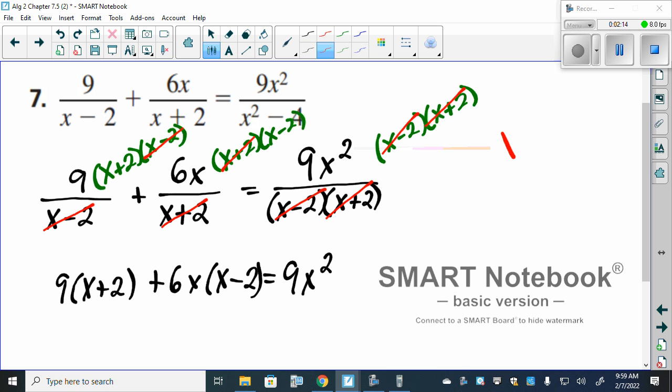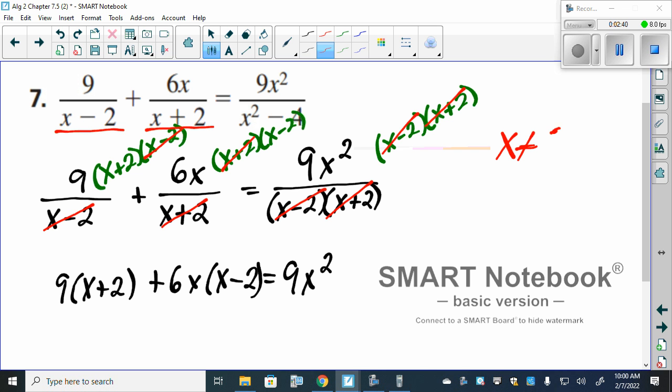Now, before we get too far, we do need to state the restrictions, because it's going to be good to know what x cannot be, so that when we find the values of x, if one of them is a restriction, we know it will not work. So what are our two restrictions here? It'd be figuring out what makes x plus 2 and x minus 2 equal 0.